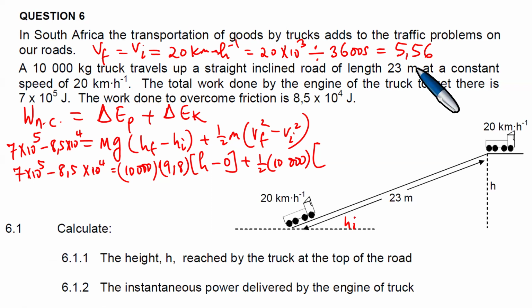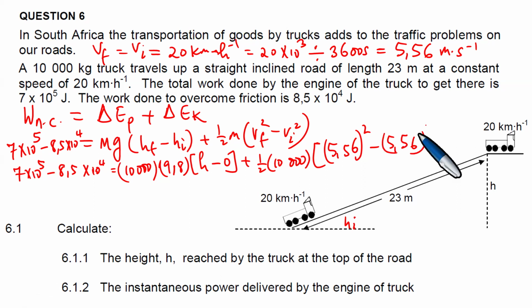Now pay particular attention to this and make sure that you understand what is happening here. The velocities are the same. So here you have the final velocity, 5,56, which you square, minus the initial velocity, 5,56, which you square.